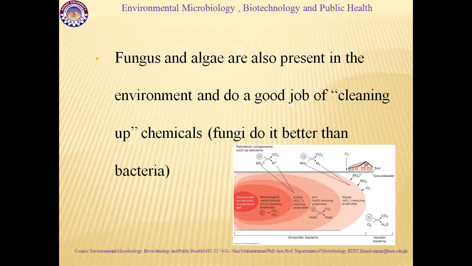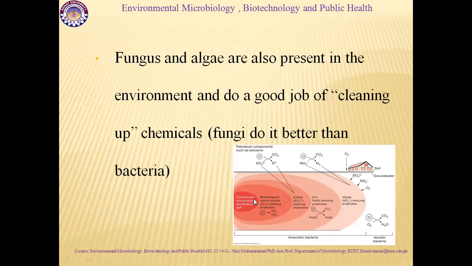Fungi and algae are also present in the environment and do a good job of cleaning up chemicals. Fungi do it better than bacteria, such as we can see here for a petroleum component such as benzene.